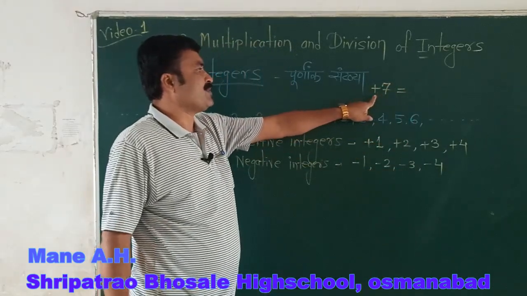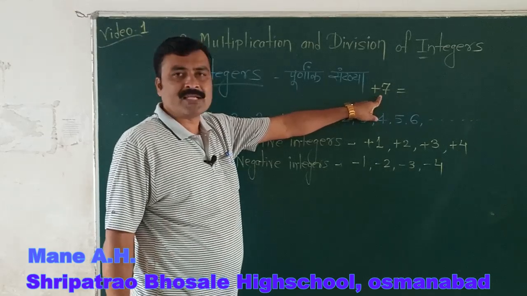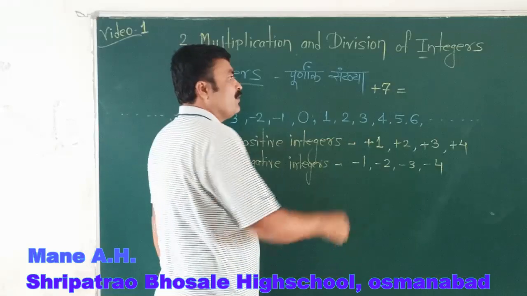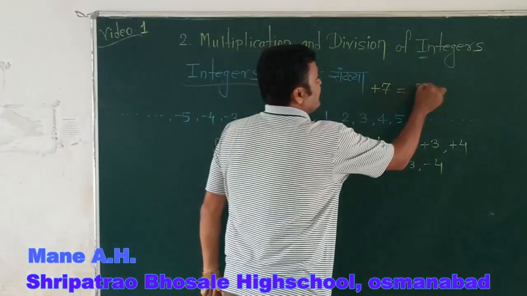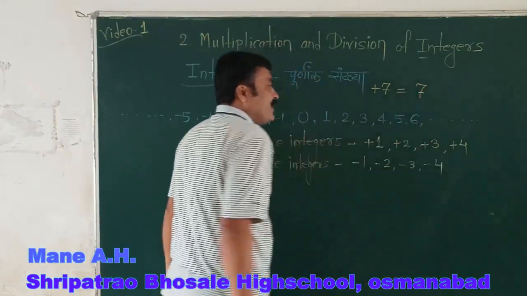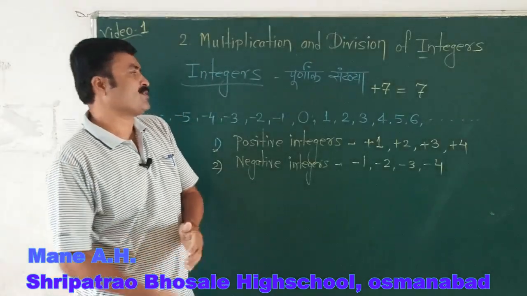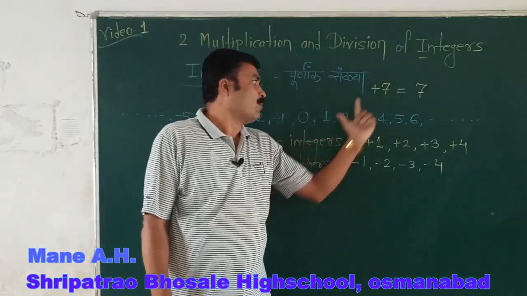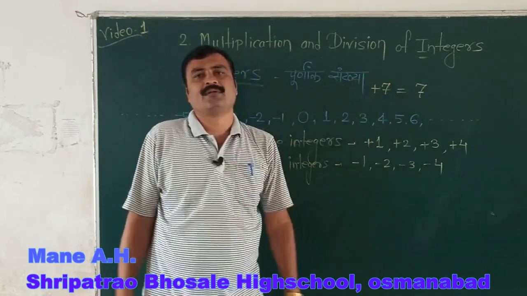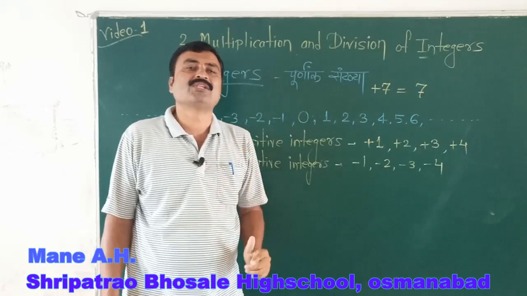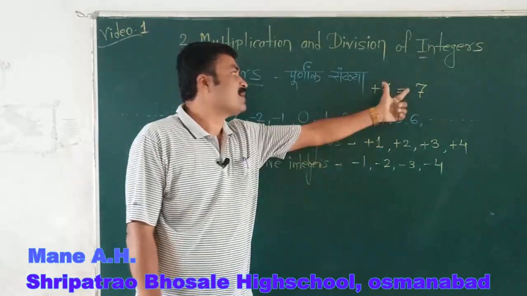Now, when we attach a plus sign, we suppose this term as a positive integer. Now, +7, here I am writing simply as 7. In mathematics, in the number system, while writing a positive integer, there is no need or compulsion to use a plus sign.